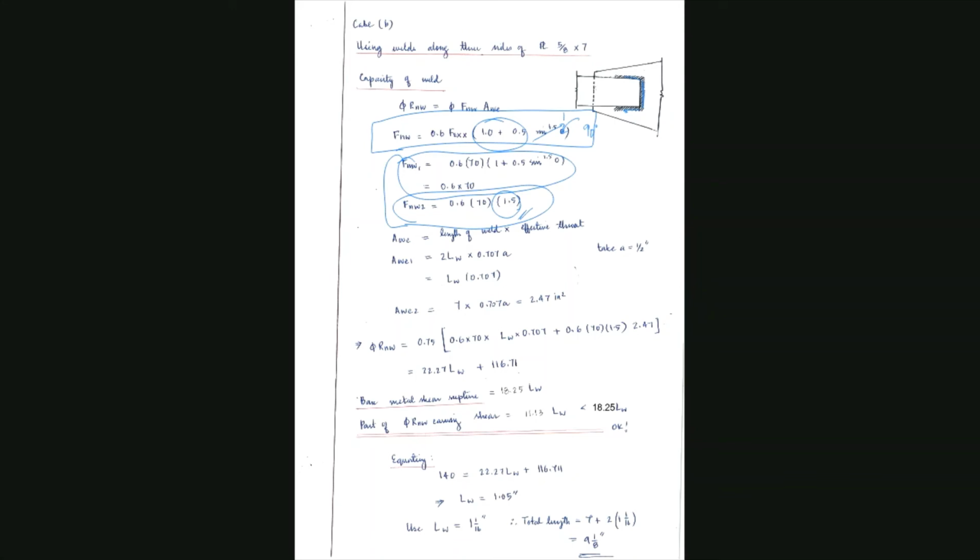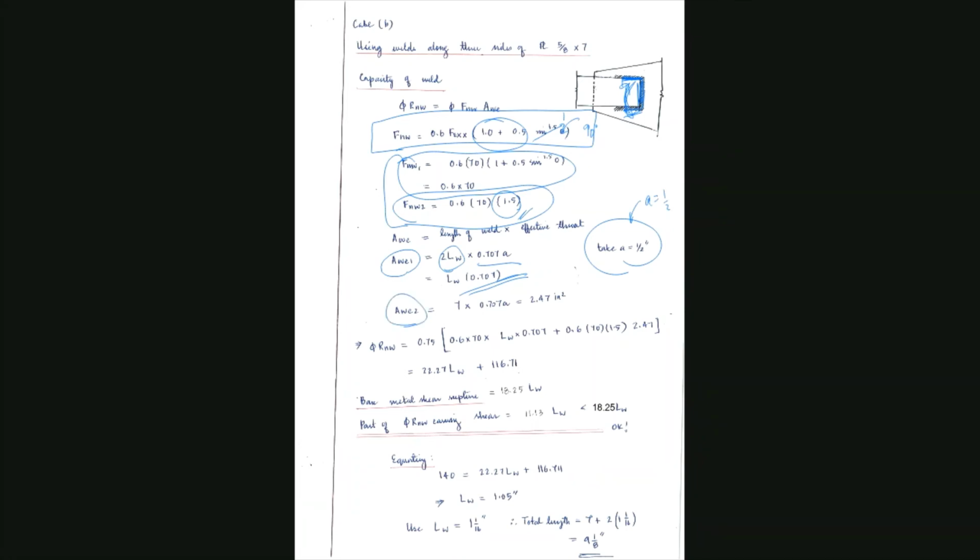One is the area of this one and the area of this one. Area of this one is the same as this one, so you have to calculate two of them. AWE1 is 2 Lw because we are considering this and this, times the effective throat. From the previous calculations, we plan to take a equal to 1/2 inch. So when you substitute that, you get the area of weld on these opposite sides as 0.707 Lw.